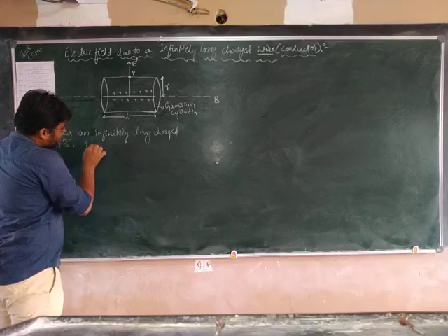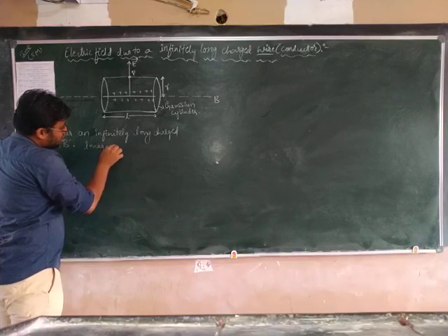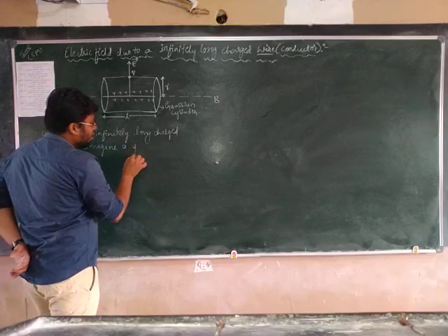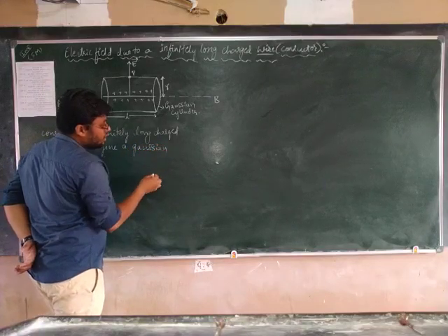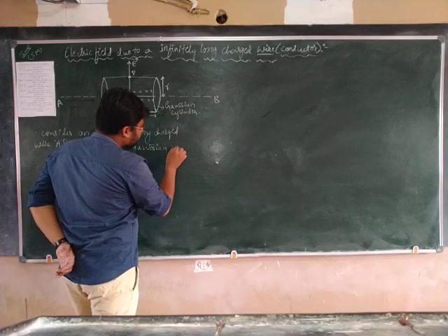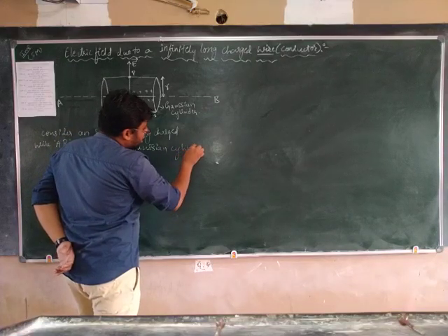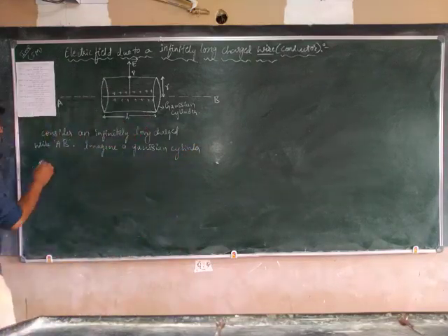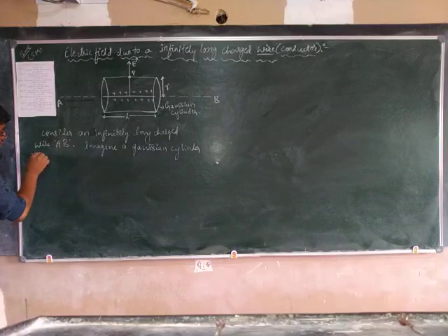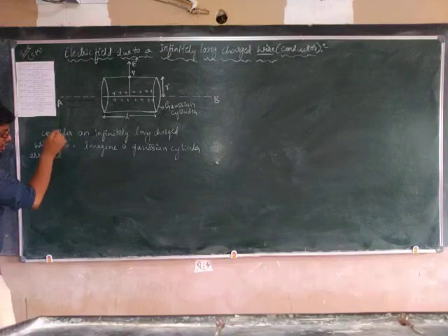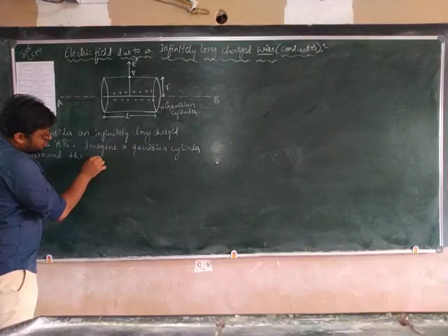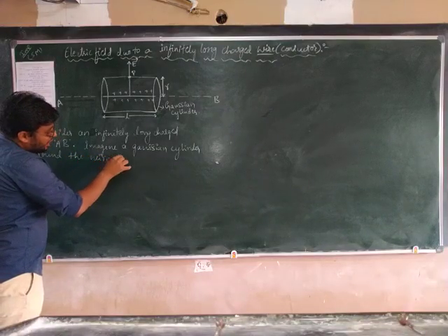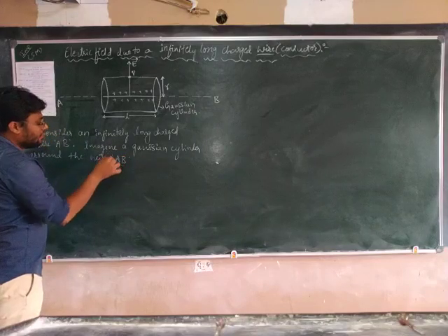Imagine a Gaussian cylinder around the wire AB.